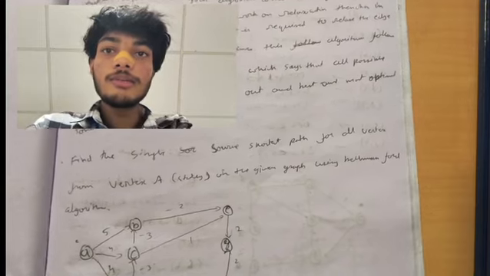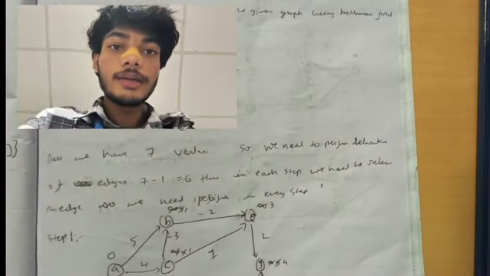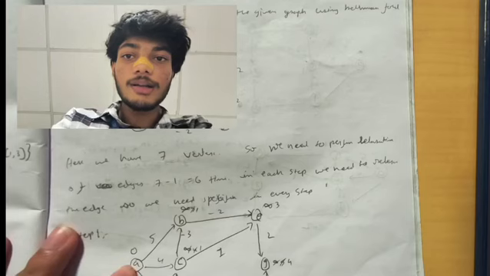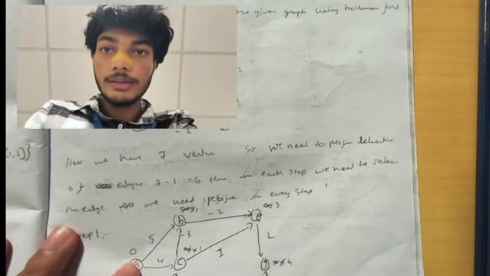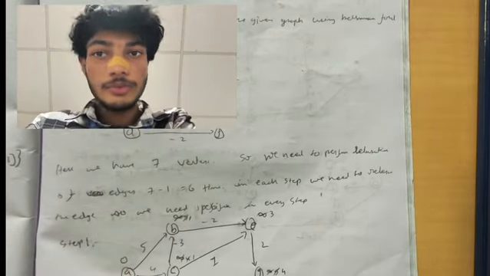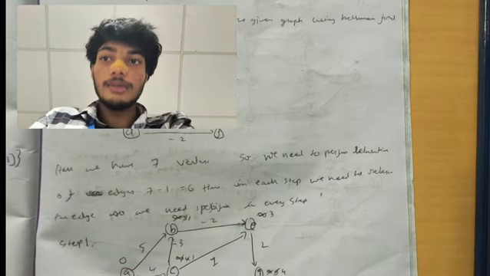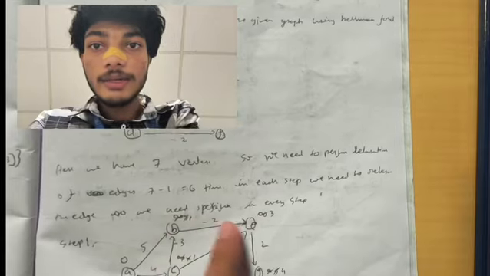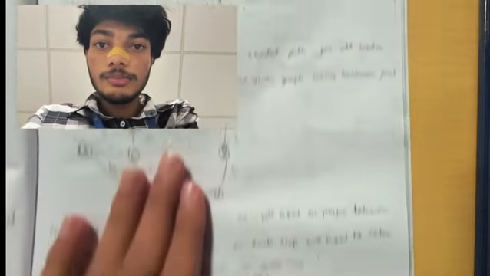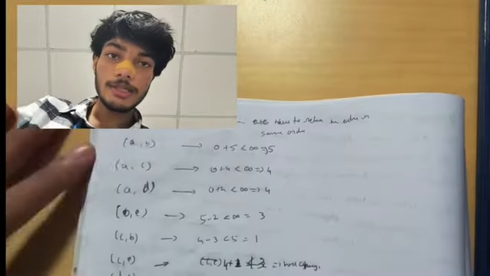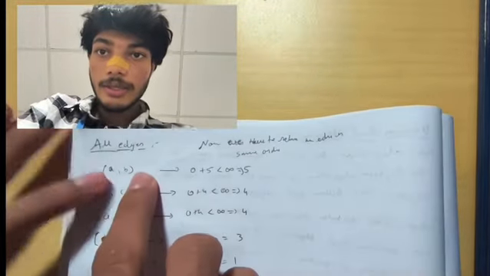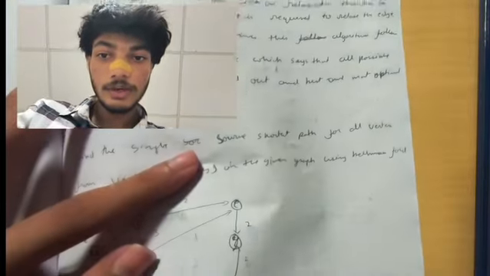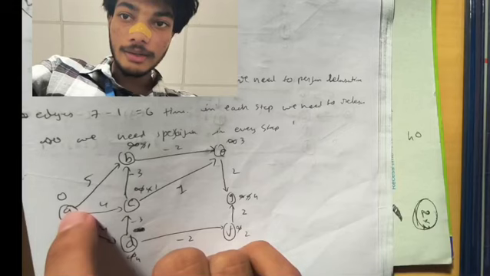Initially, we take the starting vertex, the first vertex, as 0, and make all other vertices infinity. Then we check each edge, A to B. The cost was 0 and the weight is 5.